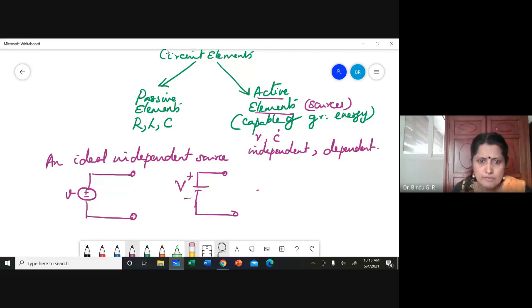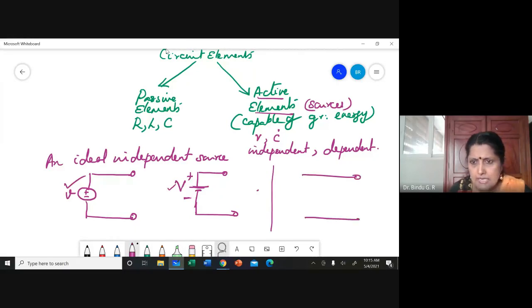The only difference is that one is a time varying voltage source, and this is a constant voltage source. Again, a current source will always be indicated like this, with a circle within which you will have an arrow mark indicating that it is a current source. This is a case of an ideal independent source.